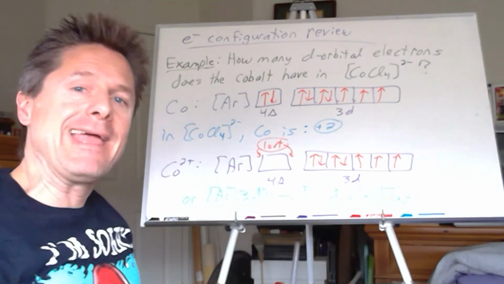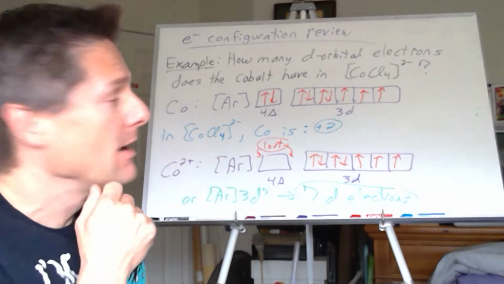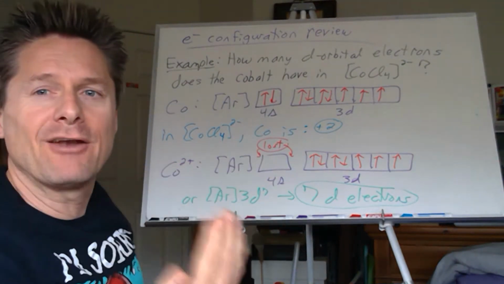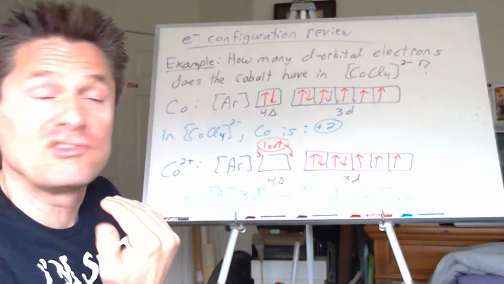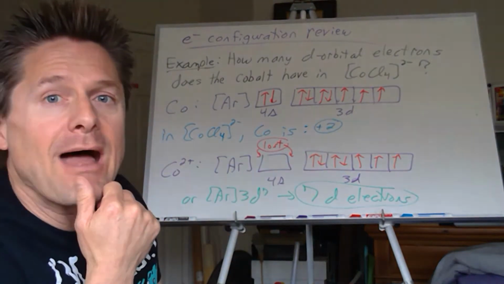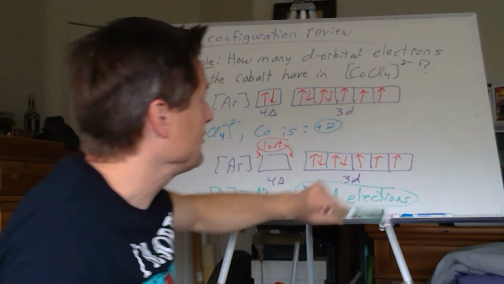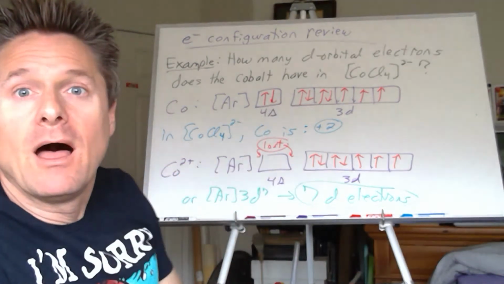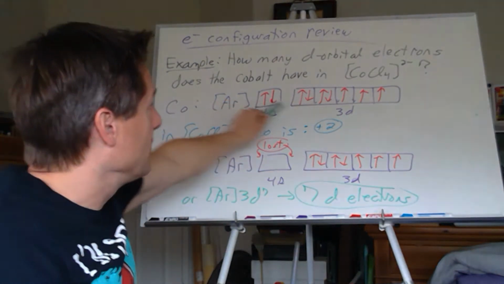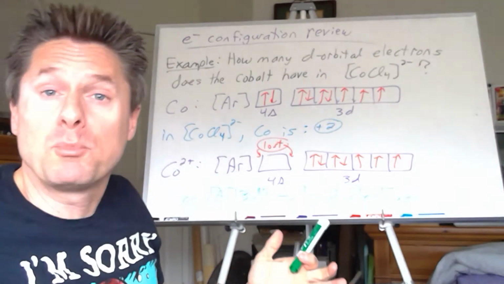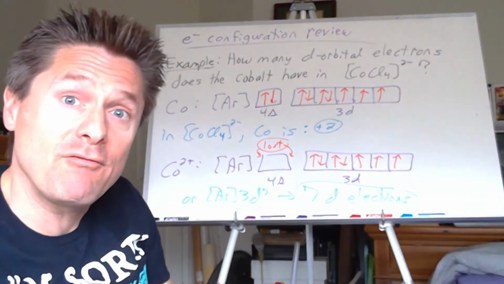If you can just see that in your head and count the number of d electrons that are there. But remember, you always lose the higher energy level s electrons first before you can peel out the d electrons. And just look at the charge from the species, the oxidation number, and that'll tell you how many to lose. So again, if that was a +4, I'd lose these and then 2 more. Right? You can predict that pretty easily. So review that for me.